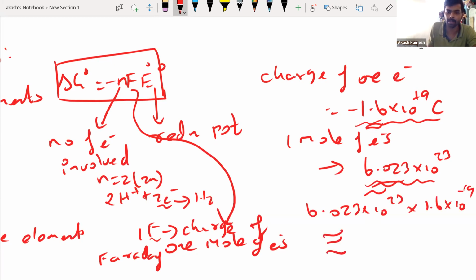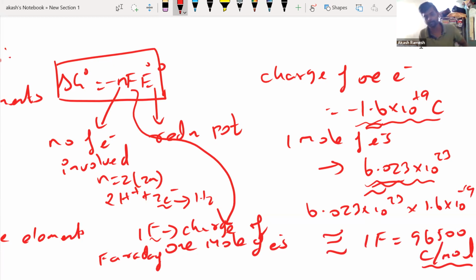Approximately, you can have the 1F value as 96,500 coulomb per mole. The unit is very important. Again, the exact value will be 96,487 point something, but you can always use this value directly. 96,500 coulomb per mole is 1F, the Faraday constant.